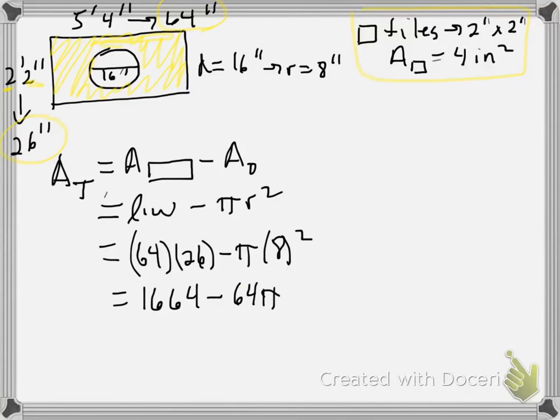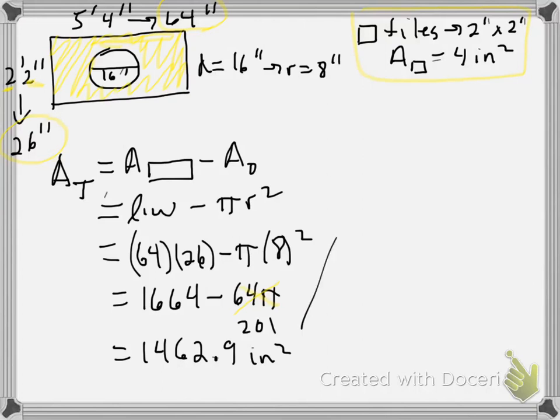This turns out to be basically 201. Okay, there's some decimals in there, so you could keep those in there. I had all the decimals in when I did it, so 1462.19 square inches needing to be tiled.